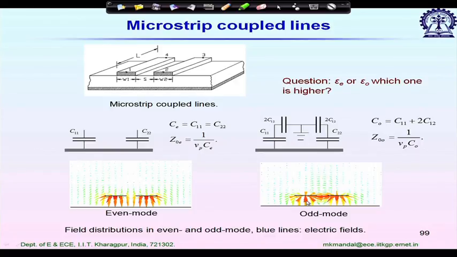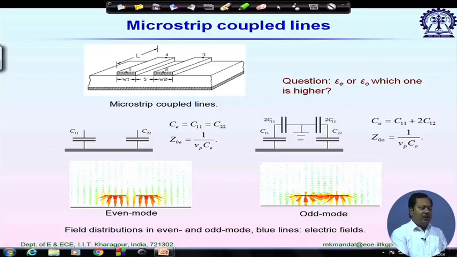And in these two different scenarios, beta or the phase constant will be different. Why? Let us again go back to the circuit diagram. So, in odd mode excitation you can see for the left strip the electric field below the strip is in this direction, and for the right strip it is in the bottom direction, and not only that, we have electric field coupling between these two strips.